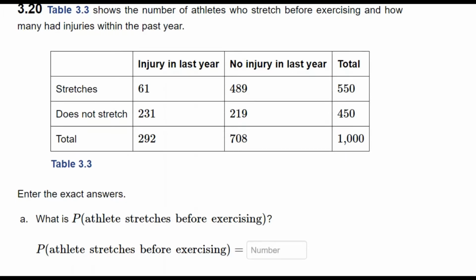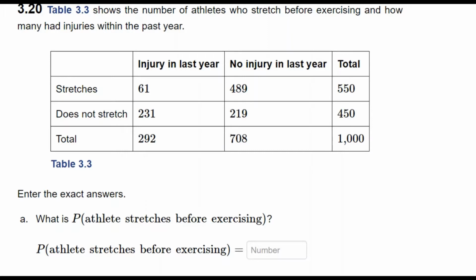Now the first question asks you for the probability that the athlete stretches before exercising. So you have to tell the probability that the athlete stretches, whether they had an injury or not. Now, can you tell me what should be the total number of athletes who stretched, whether they had an injury or not?